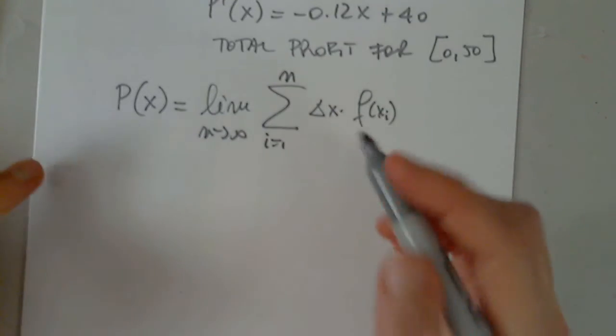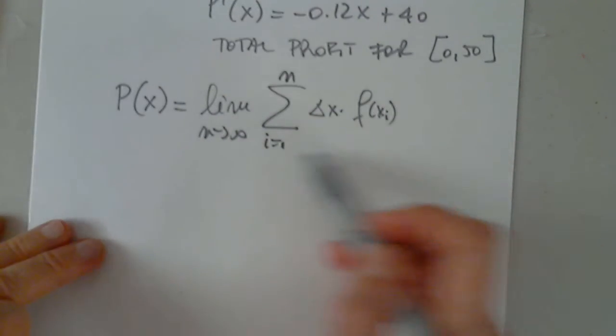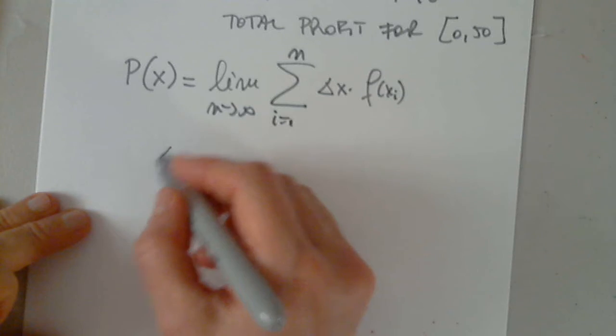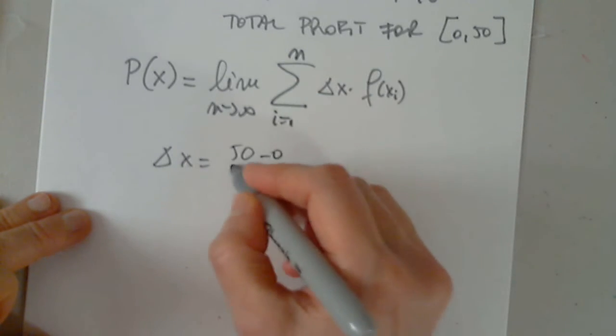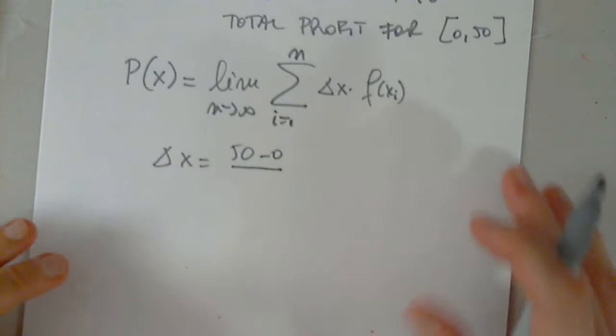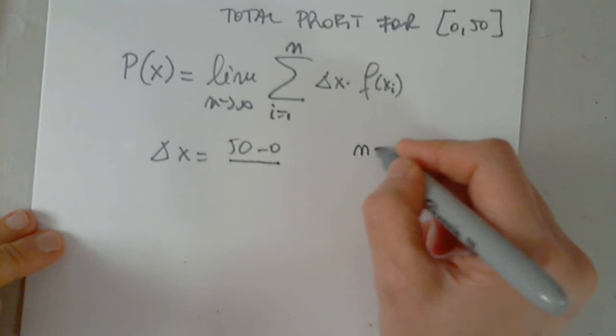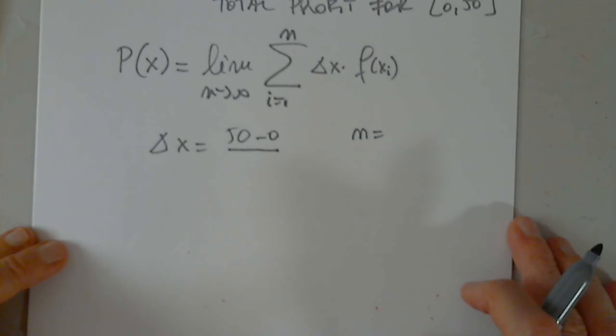We don't know how to determine this exactly. We know how to determine delta x: 50 minus 0 divided by, and you tell me how many subintervals you would like to work with.